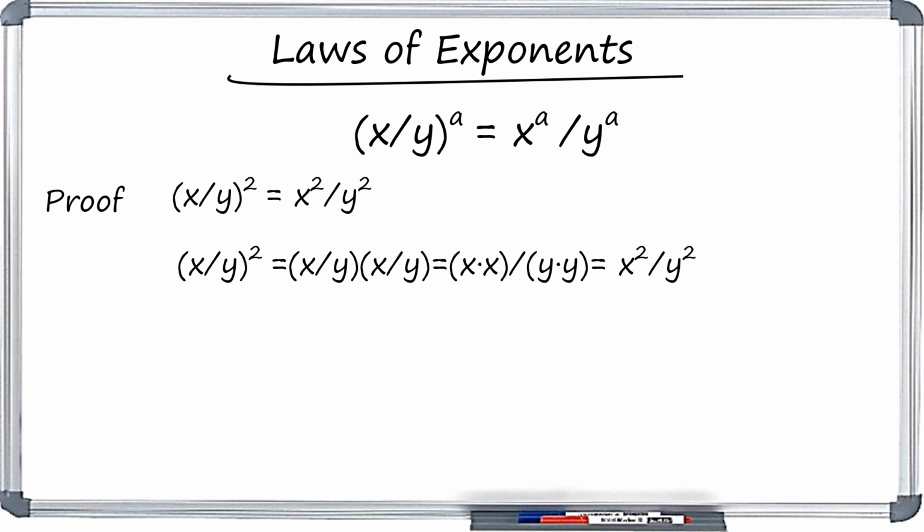So we arrive at the same answer, which is x squared over y squared. So example, let's say, for example, we have x over 2 raised to 3. That is just equal to x cubed over 2 cubed, or to simplify, x cubed over 8. So that's our last law of exponents.